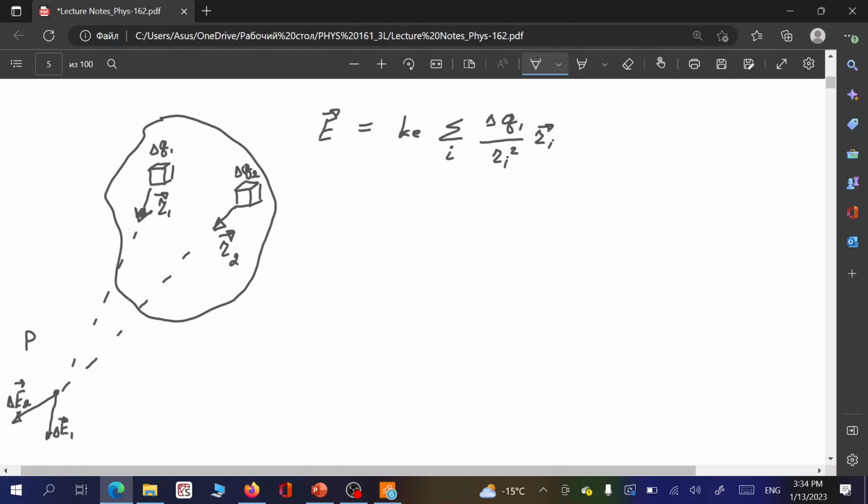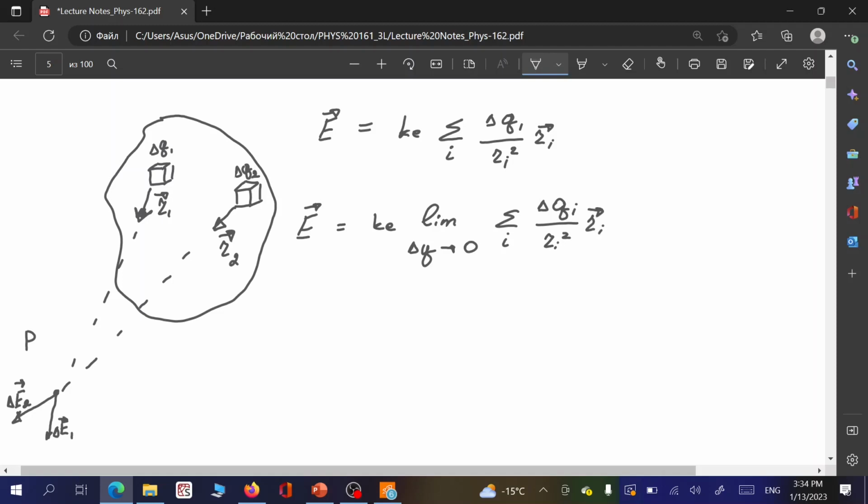That is the general case when we consider point charges, but as we discussed, we want to get an accurate solution, so we will consider the limit case when delta Q approaches 0 of this sum, delta Qi over Ri square and Ri unit vector.